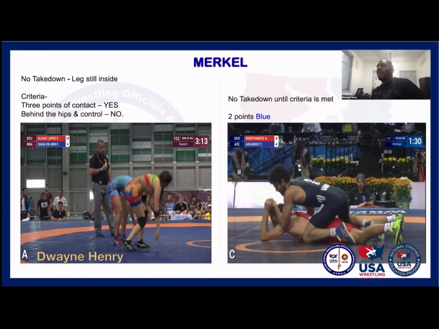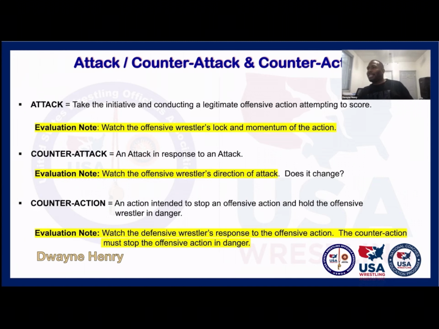Okay, attack, counterattack, and counteraction. These, like I said, can be a little bit different or nuanced. There are some things that lead us in the right direction, making sure we understand these scoring situations, where the scores or the points should be, and helping us make the right calls as officials, but also as a coach, to understand, okay, it's very likely that could have been an option for that score, or that was scored correctly, even though you may not have liked that situation.